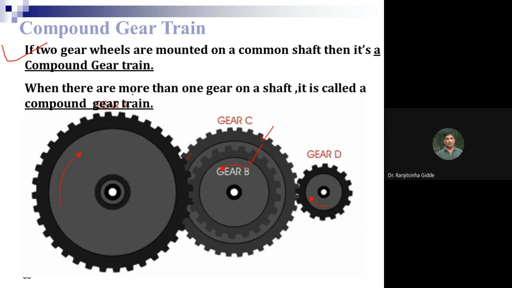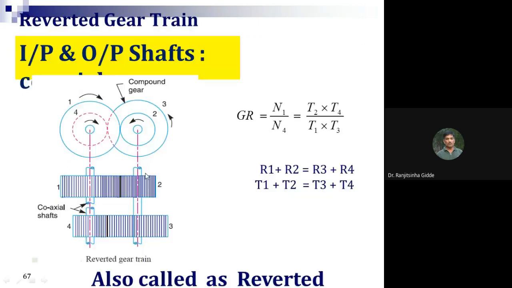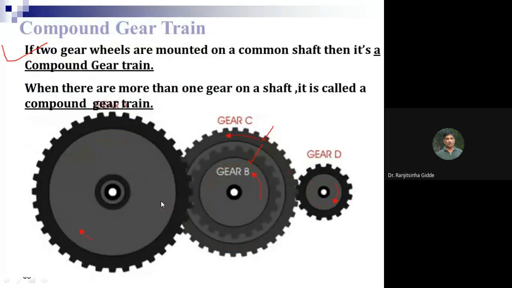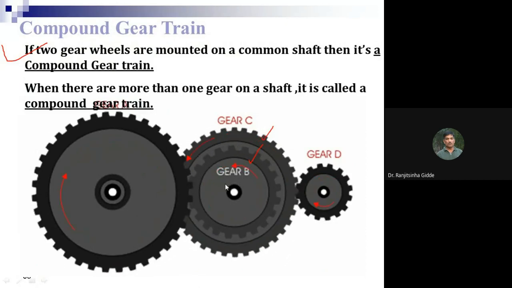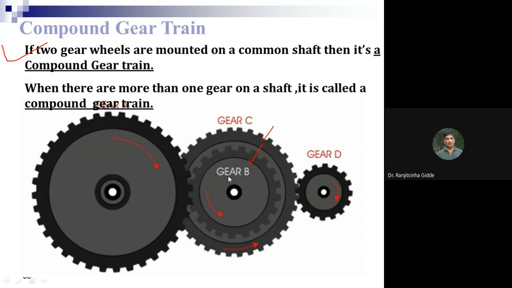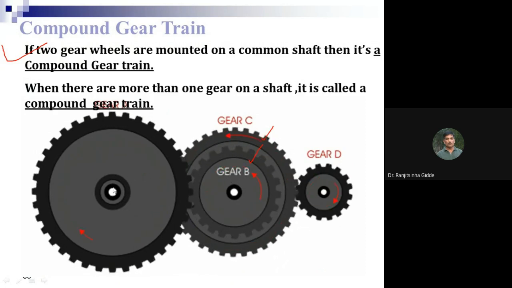When there are more than one gear on a shaft, it is called a compound gear train. You can check this. Gear A is in mesh with gear B. When gear A is rotated, gear B is rotating.